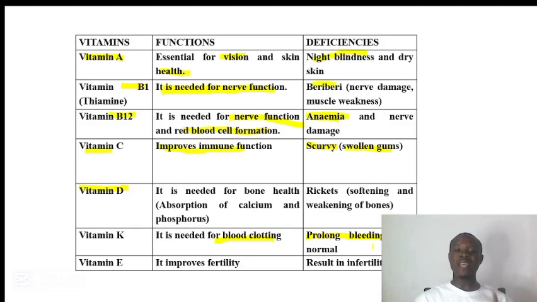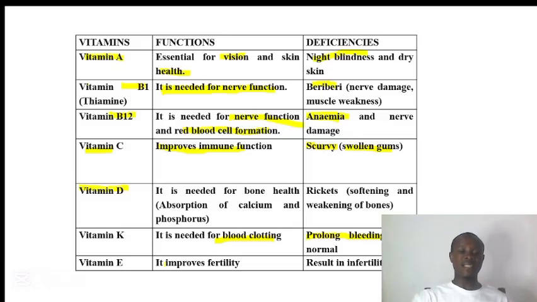Although vitamin K is not the only one responsible for blood clotting. We have many factors that are responsible for blood clotting. But in terms of deficiency in one of these vitamins, it is vitamin K that is causing that prolonged bleeding.